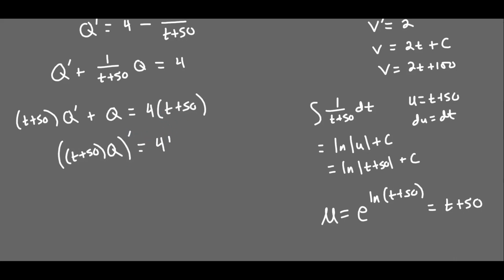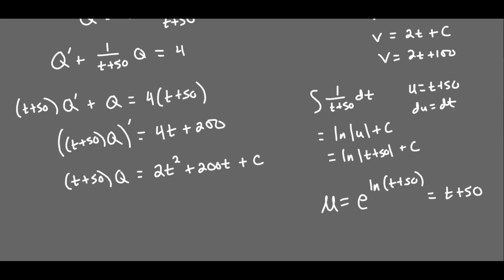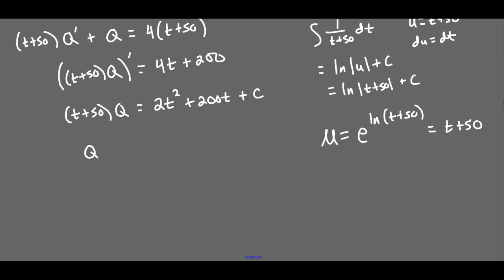I'm just going to go ahead and say this is 4T plus 200. Antiderivative of both sides. The antiderivative of 4T would be 2T squared, and then plus 200T, and I do need the plus C here, because I want all the solutions to start with. And then to solve for Q, all you have to do is divide by T plus 50.